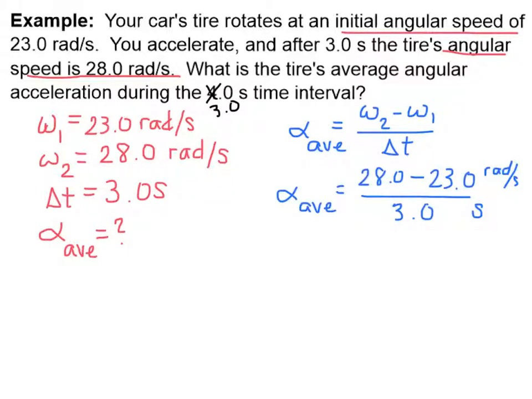I can plug the appropriate values in. I already have my angular speed in the correct units, radians per second. My time is in the correct units, seconds. That gives me an average angular acceleration of 1.7 radians per second squared.